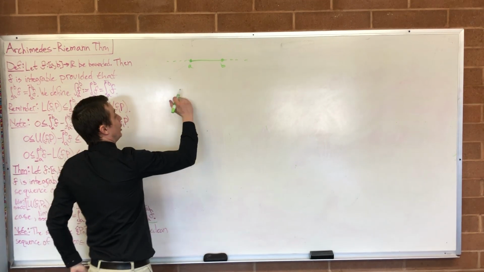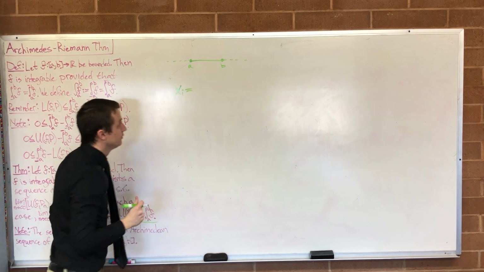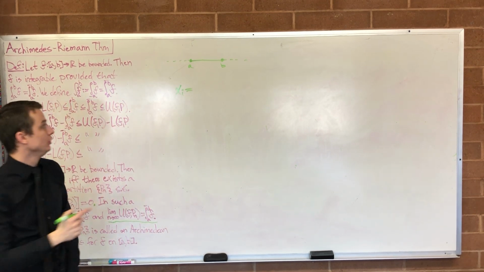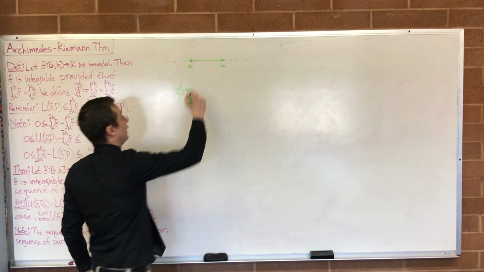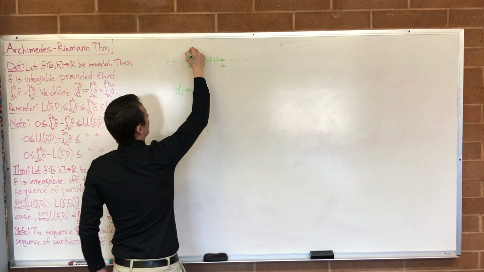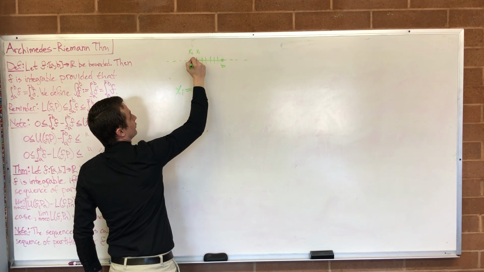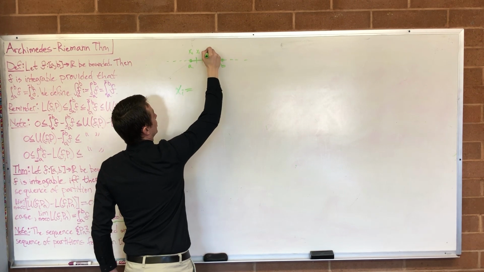Now, the points in the partition, x of i, the ith point in the partition, if you create an n partition on that thing. So I divide this thing up into n pieces. So this is x of 0, x of 1, or x of i. x of 0 is this one, x of 1 is this one, x of i somewhere in the middle.